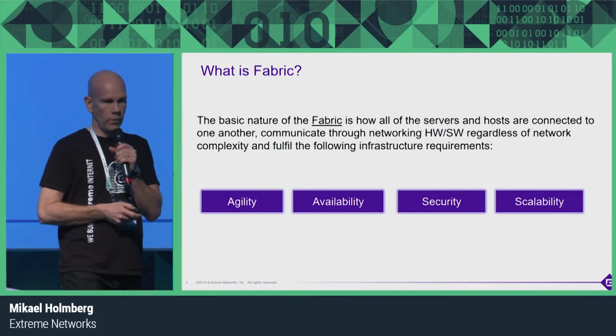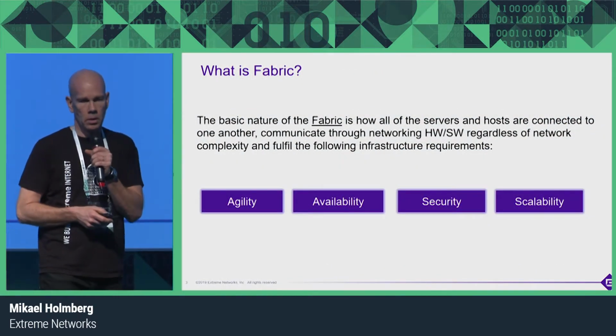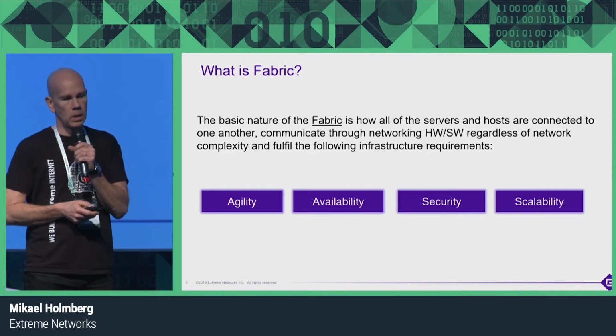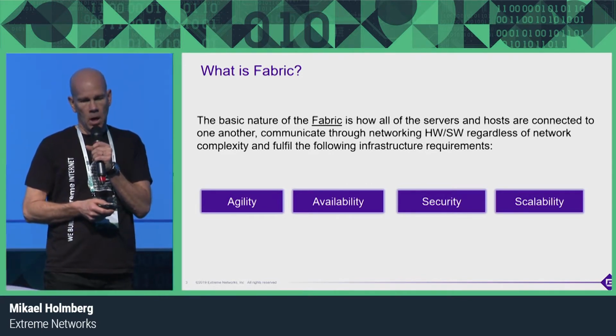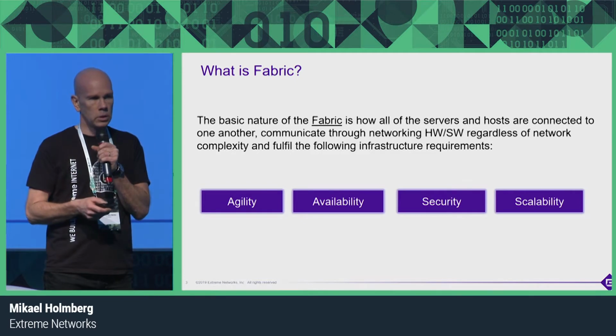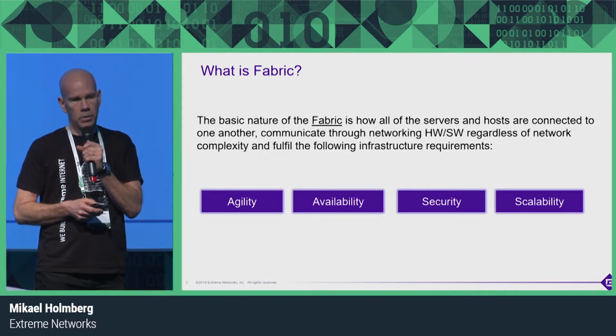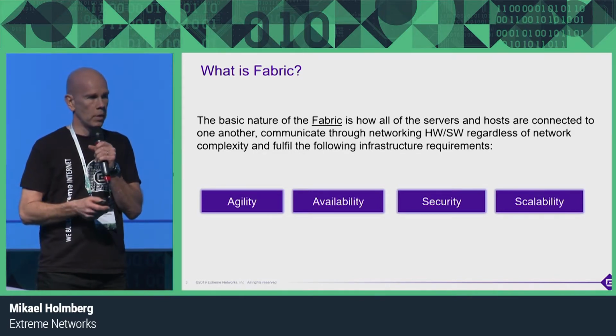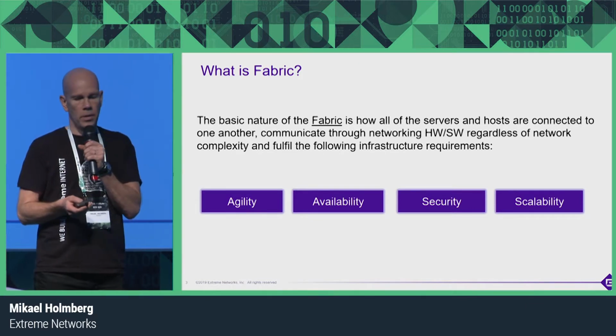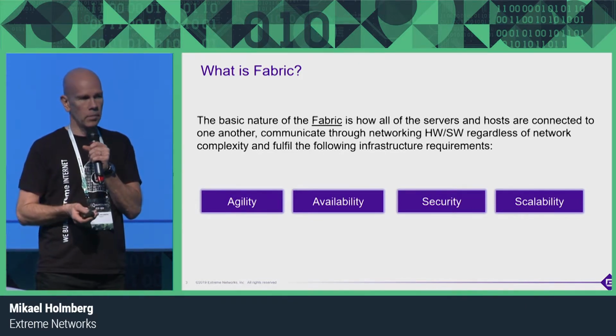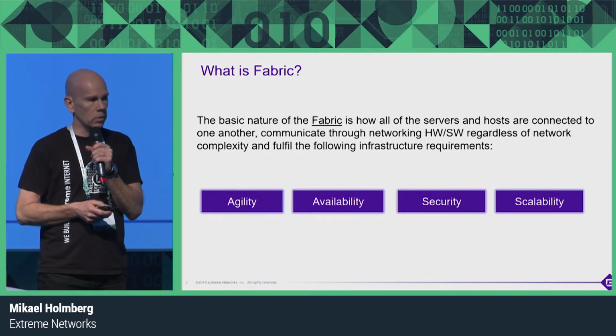So first thing is, what is a fabric? The nature of a fabric is how the servers, customers, tenants, whatever you want to call them, connect to each other, and then how they communicate through the network hardware and software. You are looking at fulfilling some key requirements from the infrastructure point of view.